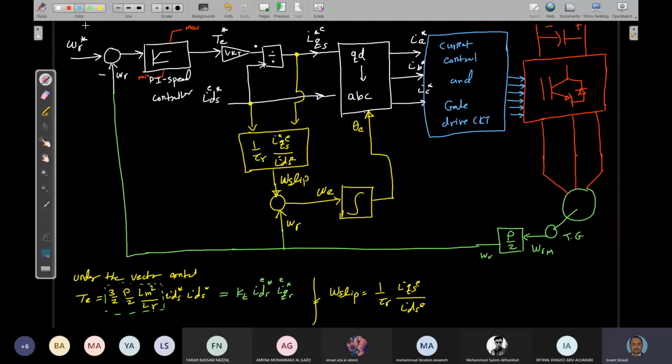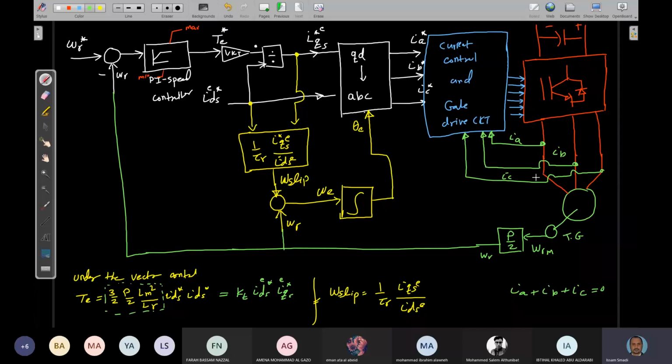So for the current control, I need to feed back the current. Let's assume that this is the IA, this one is the IB, and this one here is the IC. Although if the system is balanced, I can use 2 currents and generate the third one such that IA plus IB plus IC is equal to 0.